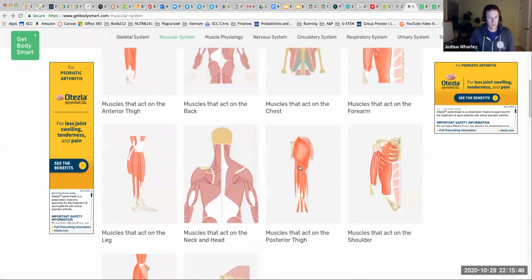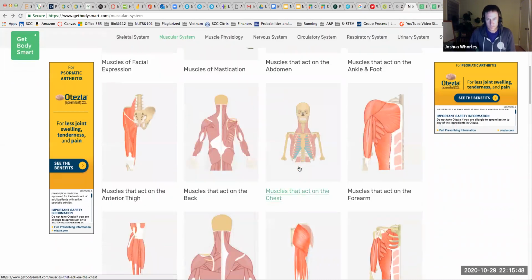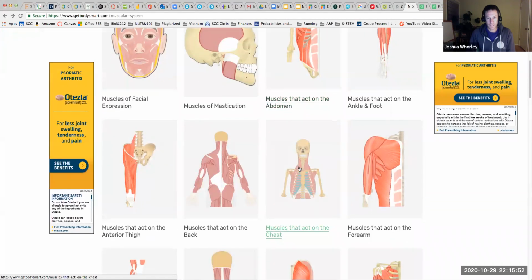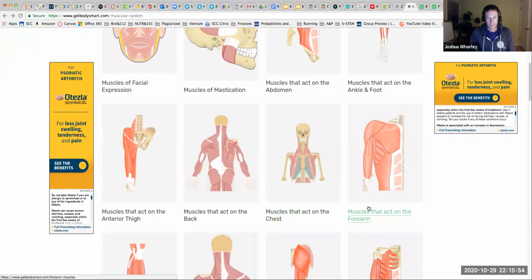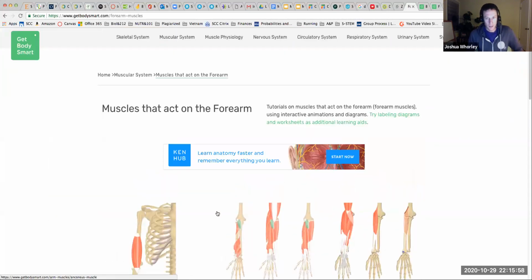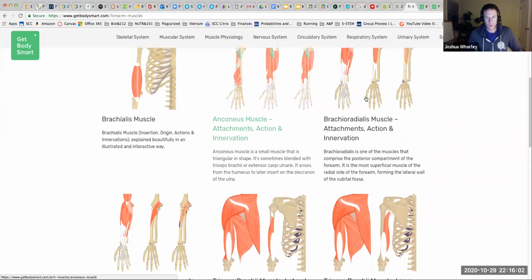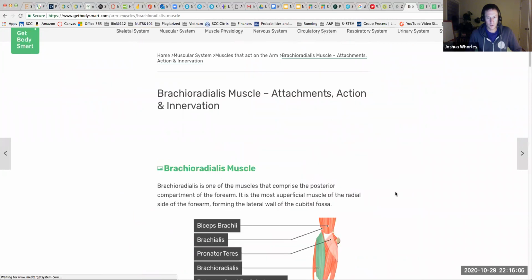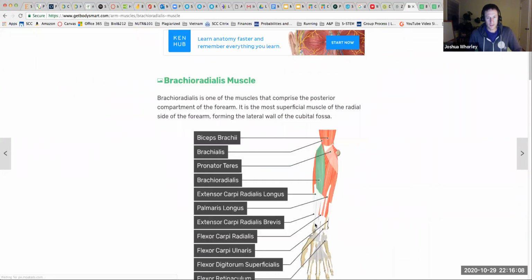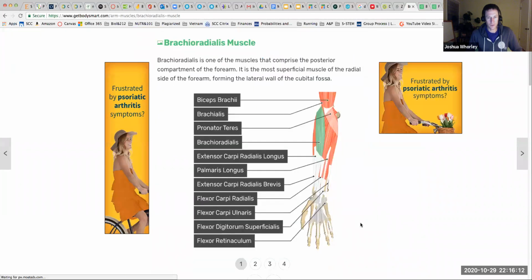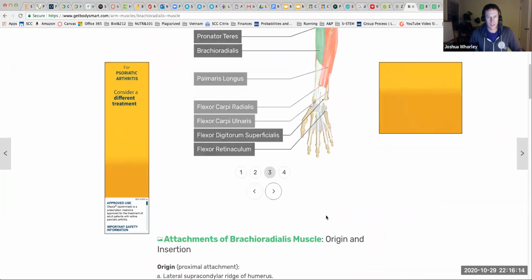Let's also take a look at one that was a little weird. Well, the brachioradialis was a little bit challenging to see there on the back. You can see it now here, how it's kind of wrapping around the back. And this one makes it look pretty tight there.